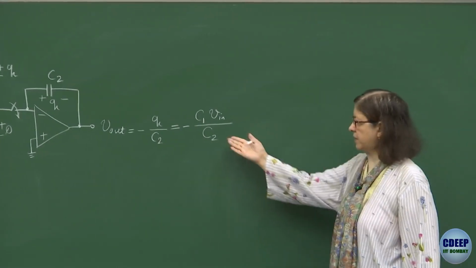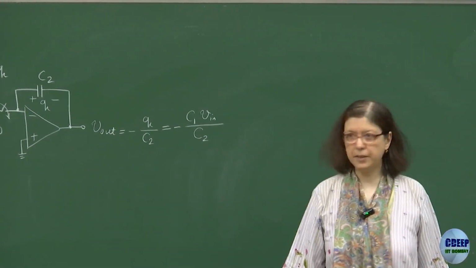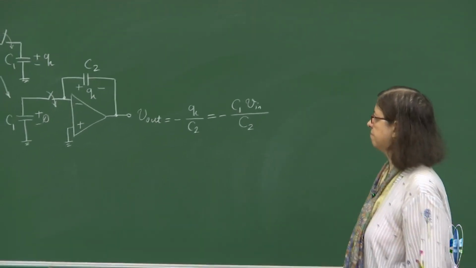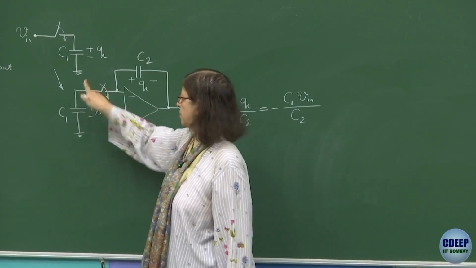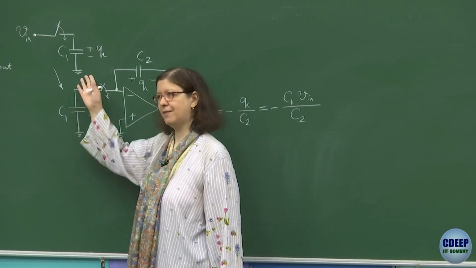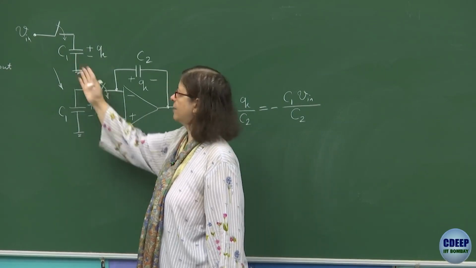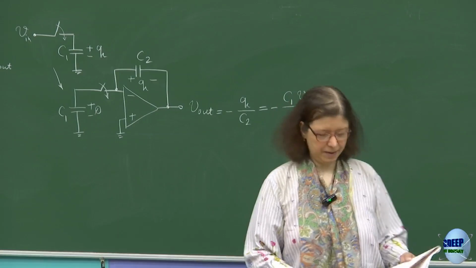So therefore, effectively, we have an amplifier with a gain of C1 upon C2, right? Of course, we know that this configuration has the problem of charge injection, right? This was the first, in fact, sampling configuration that we had. Okay.